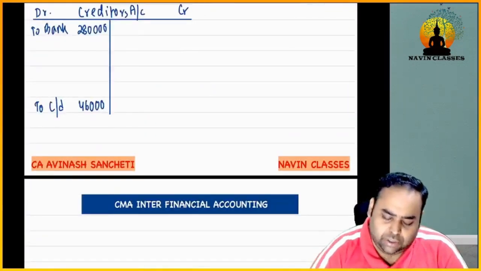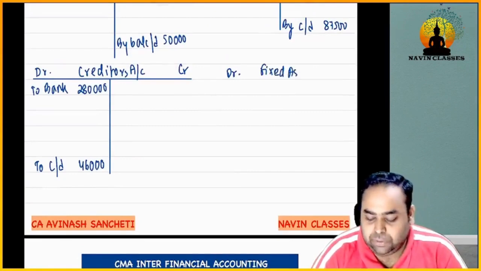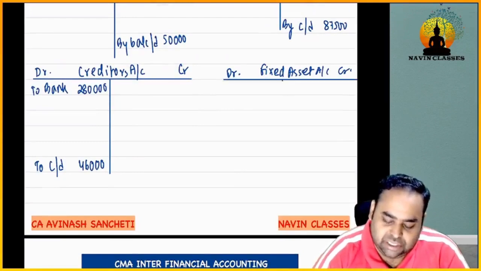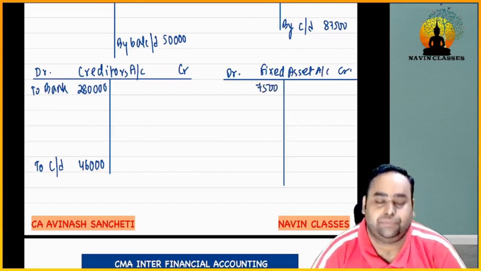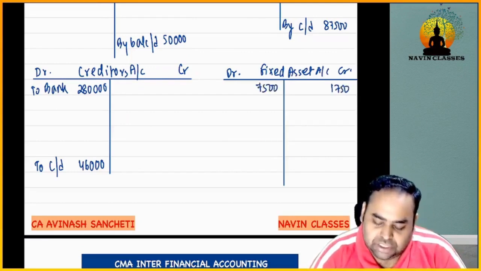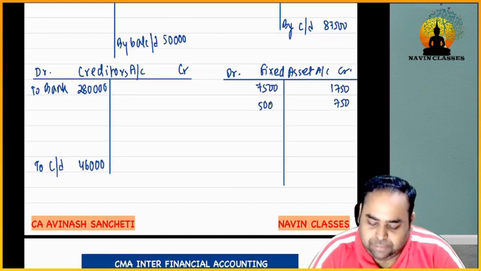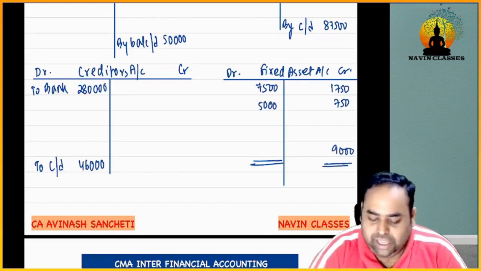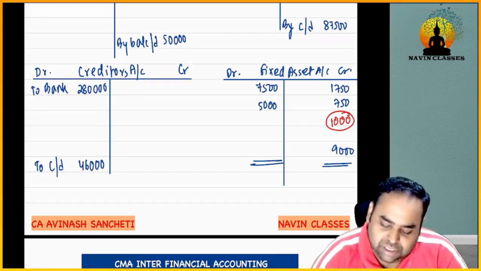And if you want, you can create a small fixed asset account for this. It will be simple and easy for you. We had created many fixed asset accounts in the depreciation chapter. Opening is 7,500. By bank it is 1,750 and by PL it is 750, which was sold. Then purchase was done for 5,000. Closing balance 9,000. So there will be a difference of 1,000 and that difference of 1,000 is depreciation.